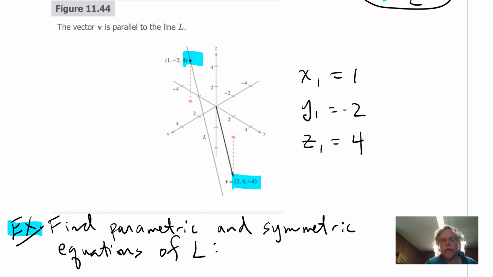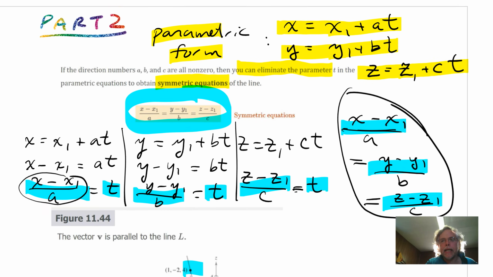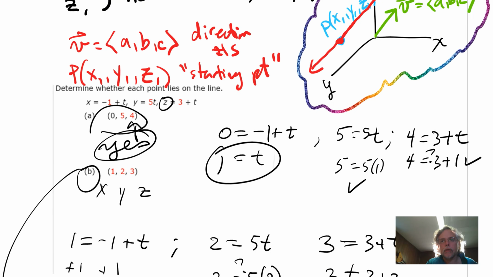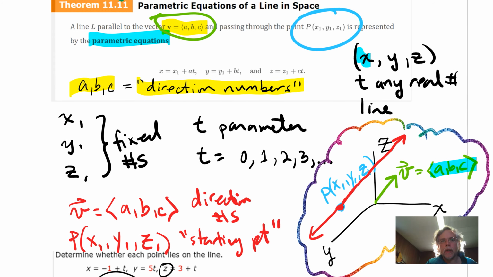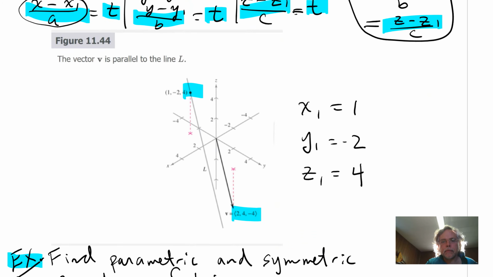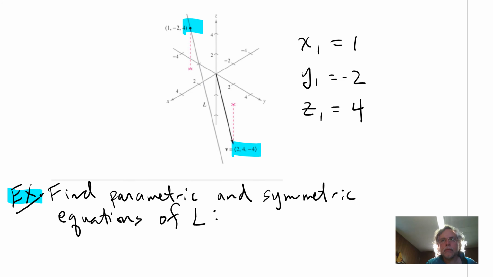Remember, those values are the a, b, c values, the so-called direction numbers. The vector is a, b, c. So this is a equals 2, b equals 4, and c equals -4.